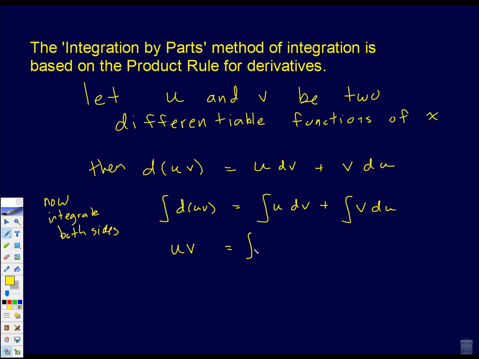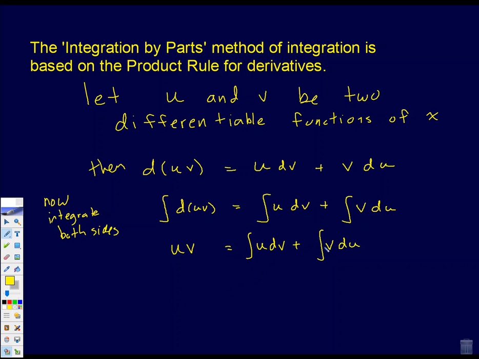On the other side, we cannot work these integrals directly because it's the integral of one function u and a different function's derivative in both of them. But what I am going to do is rearrange this equation so that one of these integrals is all by itself, and that's going to be the one in the middle.